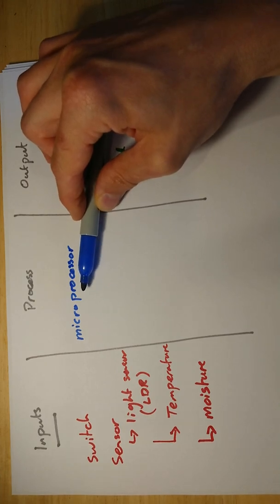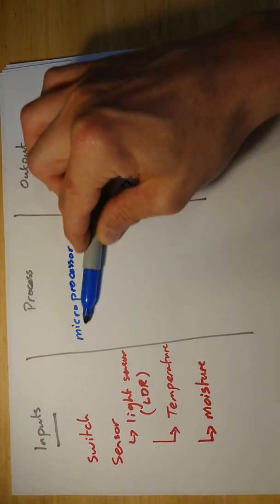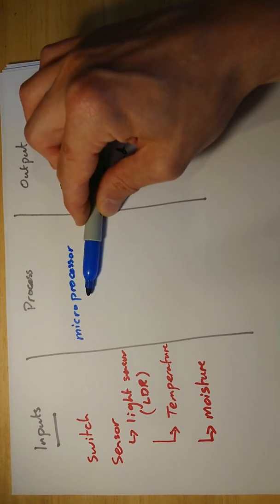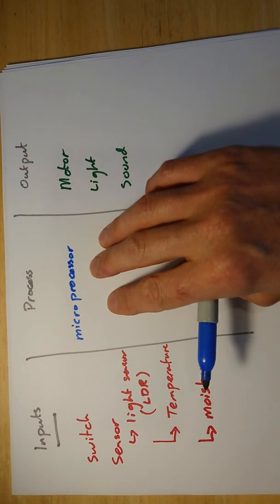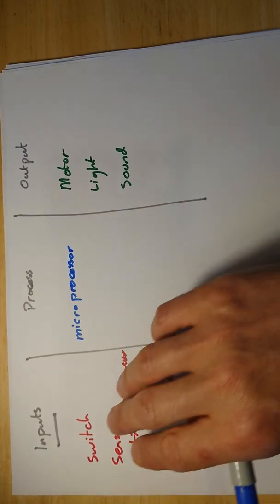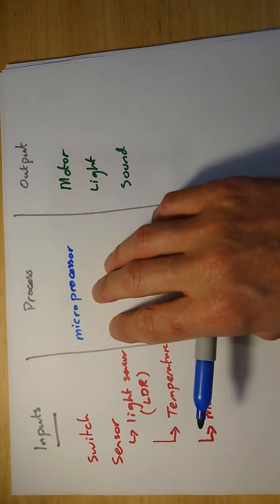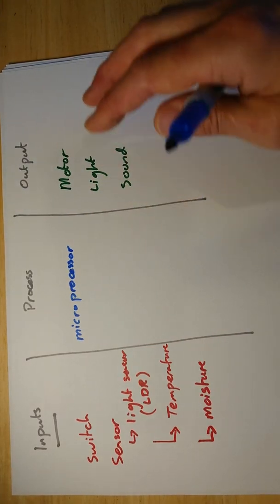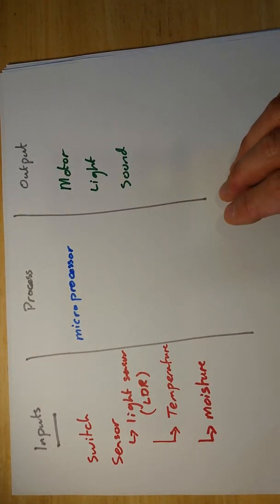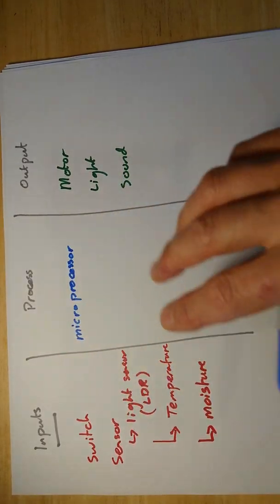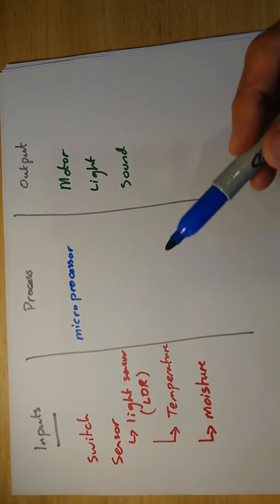It will do what it's been asked to do, but it's got no memory, so we can't really change it. It comes out of the factory processed and made like this, and it says: if the light sensor reads above this amount, turn on the motor. So it follows through. A microprocessor is made in the factory, fixed, and we're not going to change it.